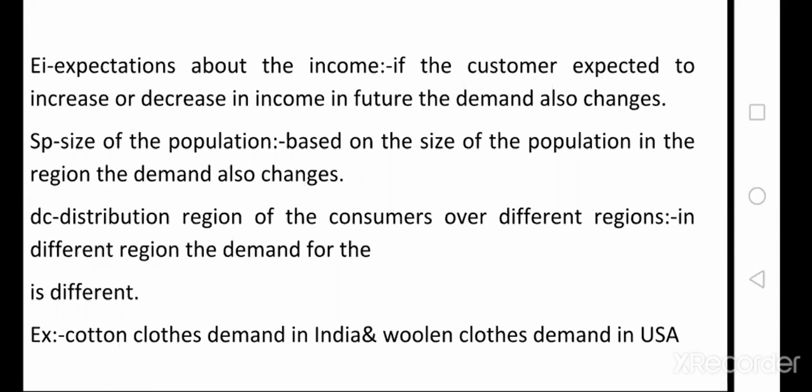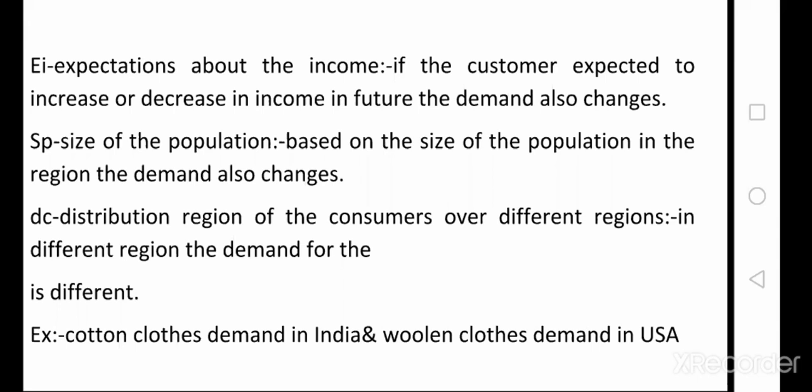In this situation, if you sell any product in a village, the demand for it increases. And at present, if you sell any product in a city, the demand for the product is very less. So the size of the population also determines the demand for a product.